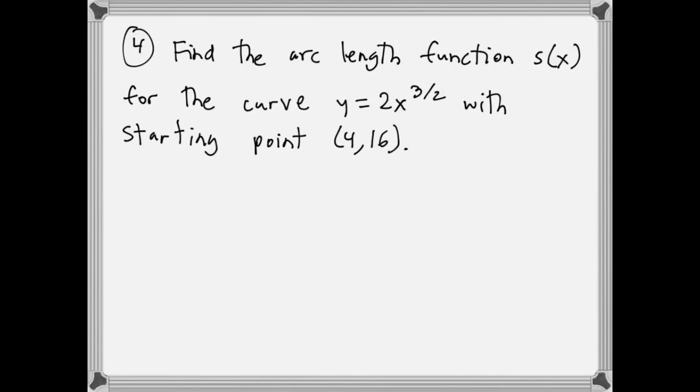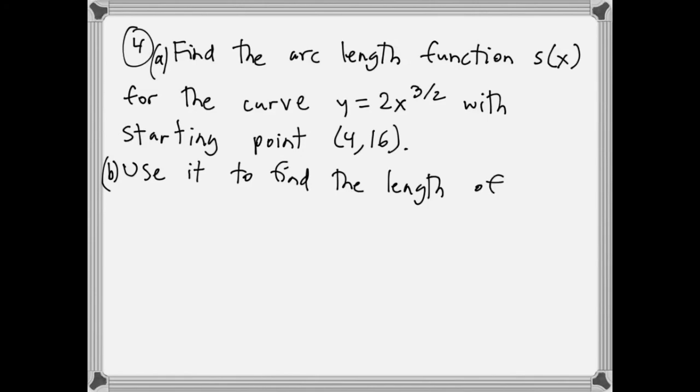And also, this is a 2-parter, so let's call that first part part A, and this will be part B. Use it to find the length of f from 4, 16 to 9, 54.